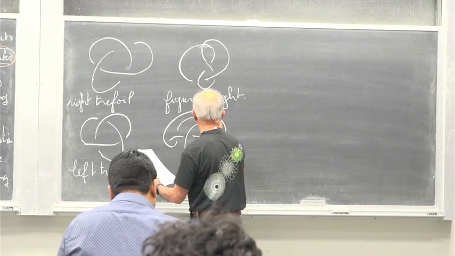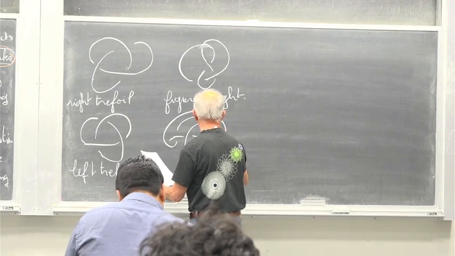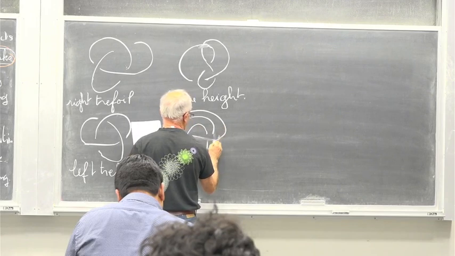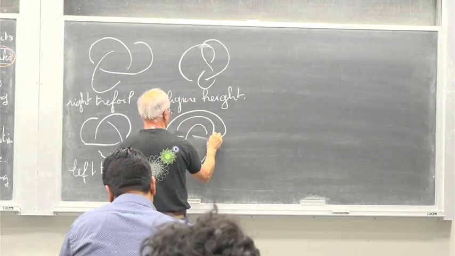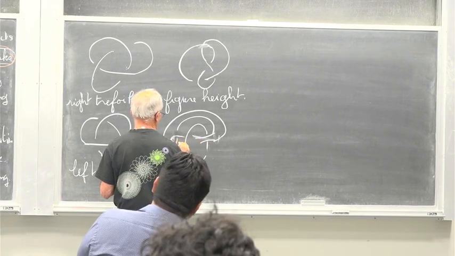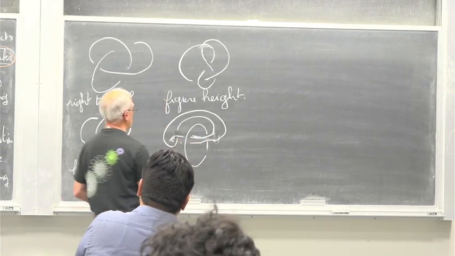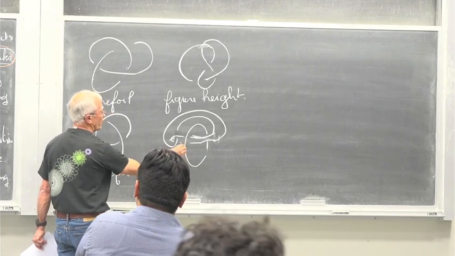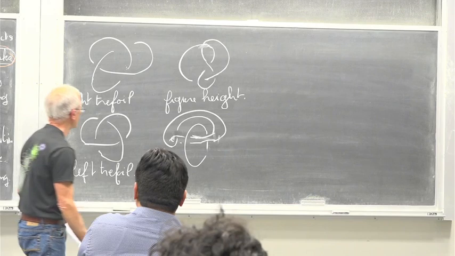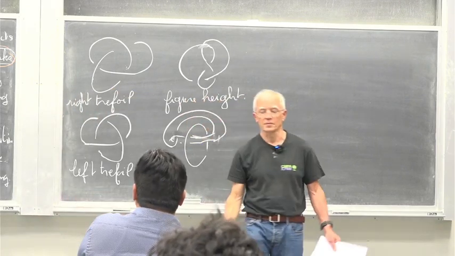And then it goes like this and comes back like this. So here you have one trivial component and another one which goes through. You have a two-component link.